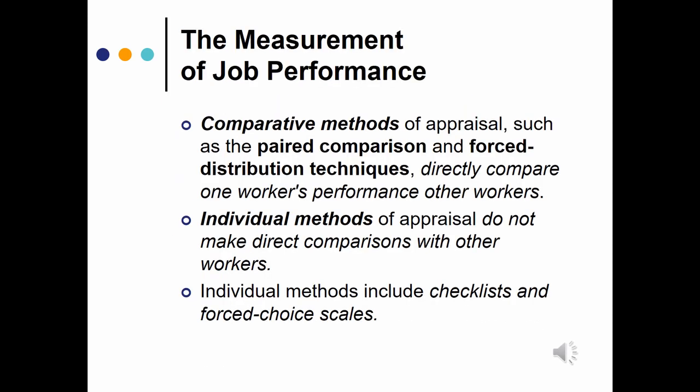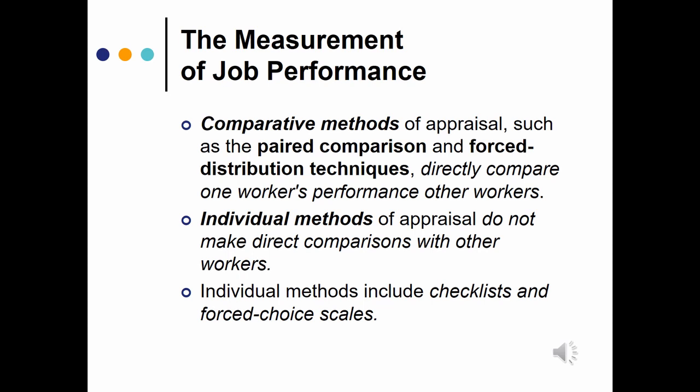Comparative methods of appraisal, such as paired comparison and forced distribution techniques, directly compare one worker's performance with other workers. And individual methods of appraisal don't make direct comparisons with other workers. Individual methods include checklists and forced choice scales.